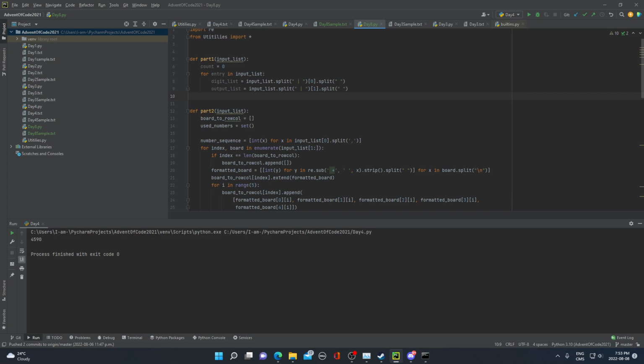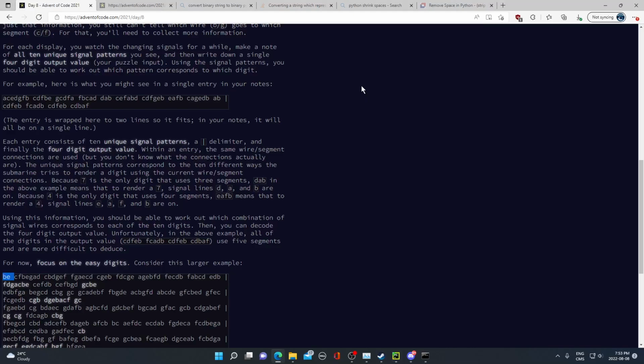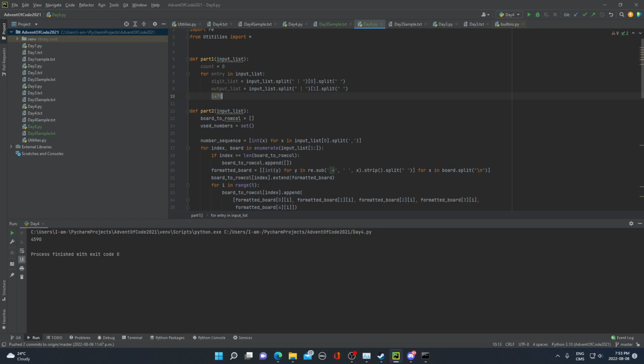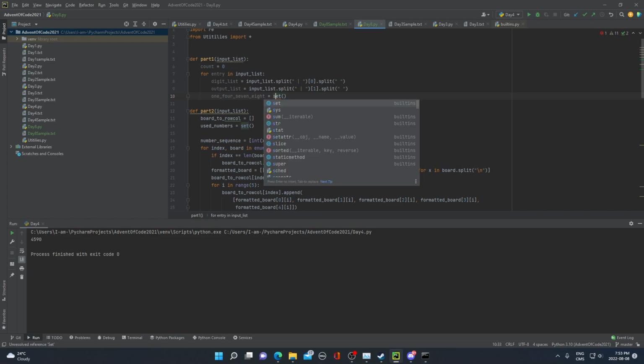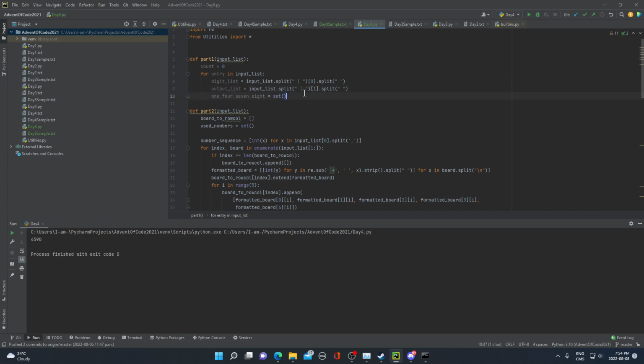We don't have to use a list for this. 1, 4, 7, 8. Just instantiate a new set.